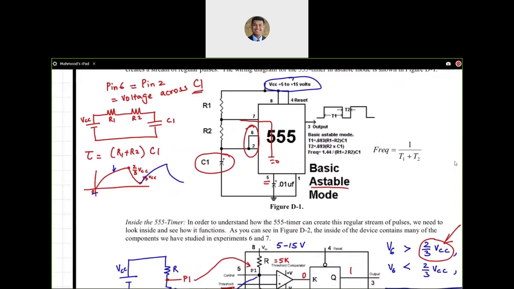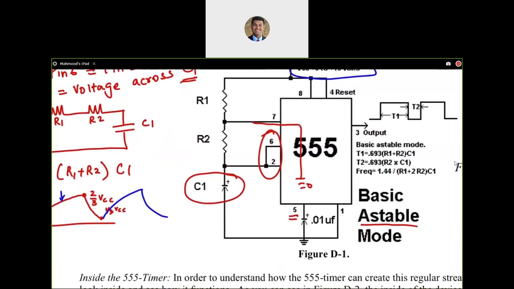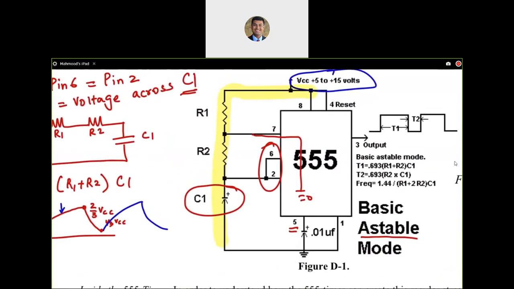So during the discharge cycle, the time constant is going to be slightly different. Why is that? If you look at this, the capacitor C1 charges through R1 and R2. However, if you look at the discharge cycle, because we have connected pin number 7 to ground, capacitor C1 only discharges through R2.